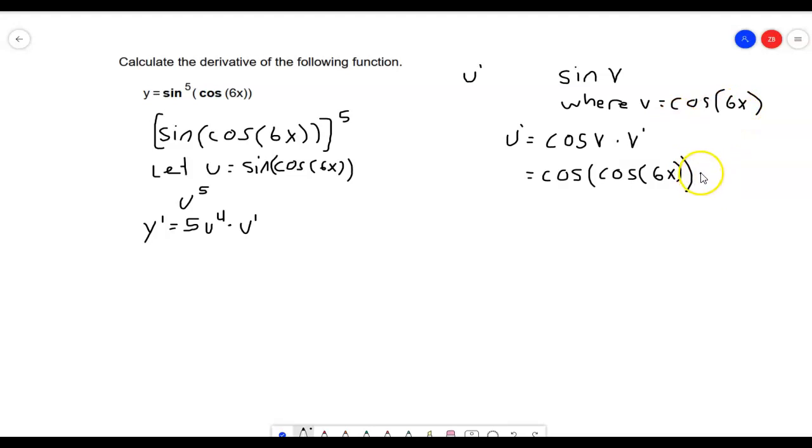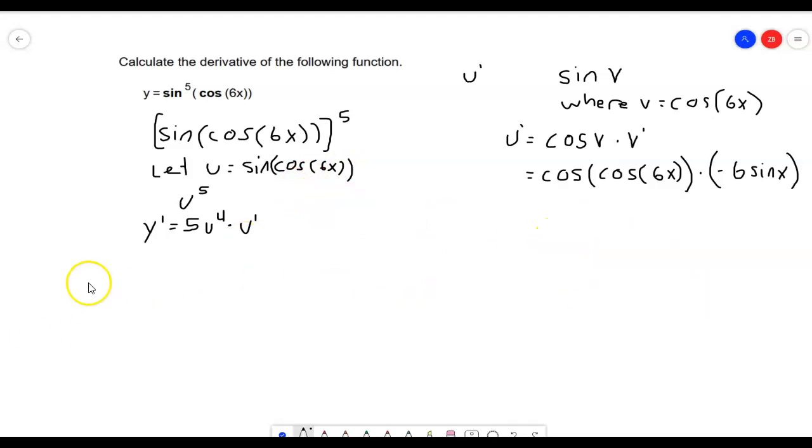We can say times negative 6 sine of x. So now we have our u prime, and we know what u is because we let u be that in the beginning. So now we have everything to write this out.